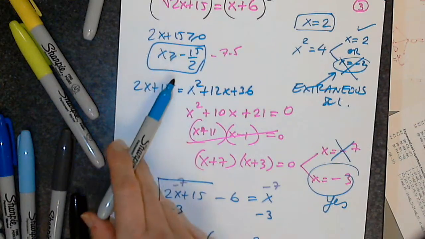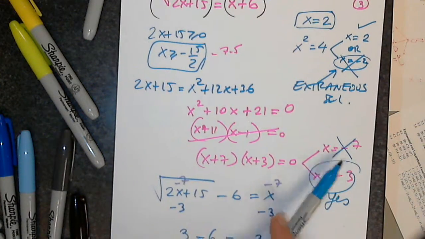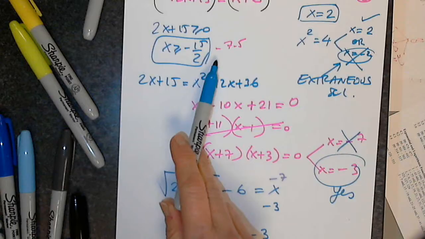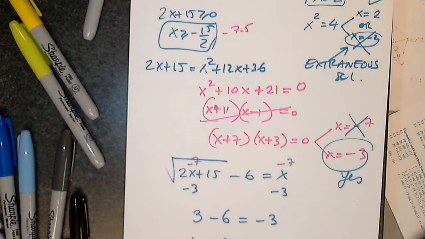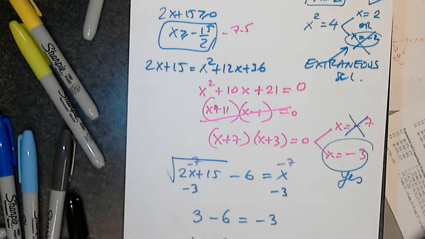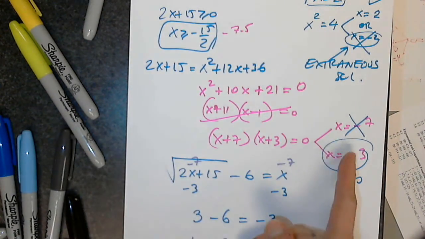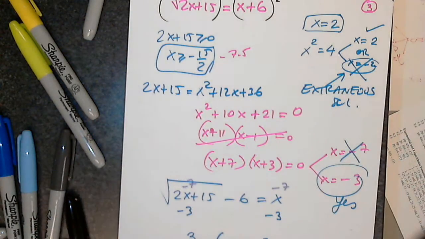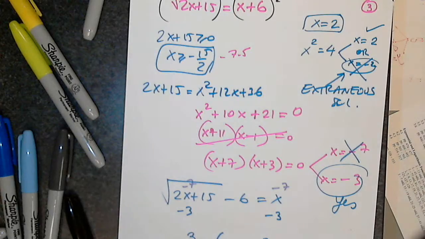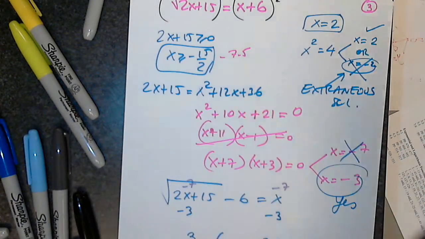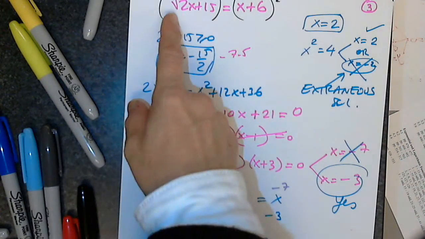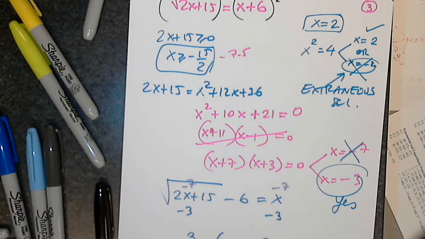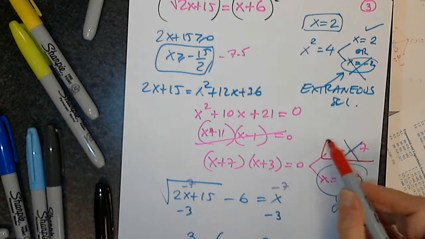It was 2x plus 15. Negative 7. Oh, yeah, because we have to look at the other side as well. Sorry. Not just the domain, but also the other side has to be positive. And this side is not positive with negative 7. Negative 7 plus 6 is a negative number, and this is a positive number. So that doesn't work. It's not only the domain of the function, but also the other side has to be positive because the square root is positive. Sorry about that. So this does not work.